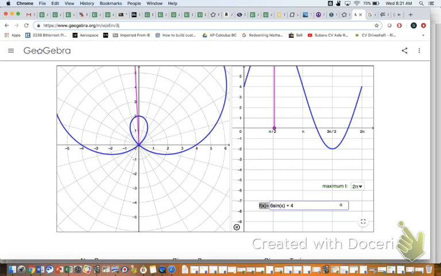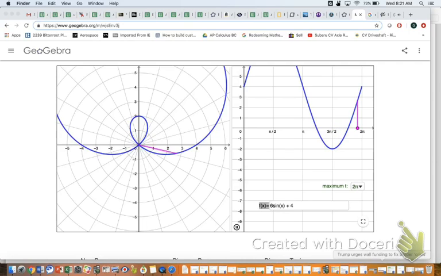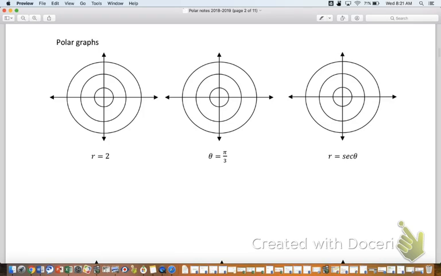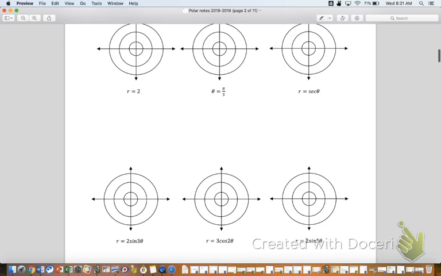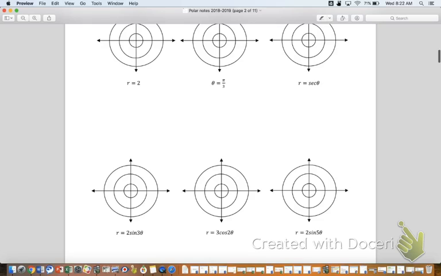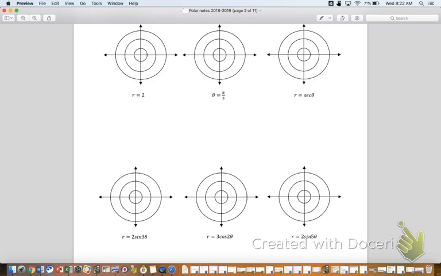So here's what I would like you guys to try now. If you guys would, use your calculators. We've got 13, 14 minutes left. I would like for you guys to work on graphing on the calculator and then transferring the graph you see on your calculator over to your notes. Like these first 6 graphs.